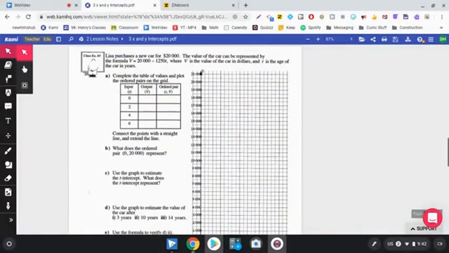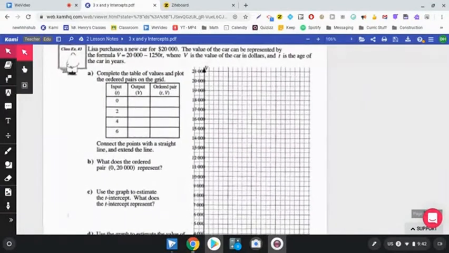So, what is it? Lisa purchases a new car for $20,000. The value of the car can be represented by the formula V for value equals 20,000 minus 1,250 T, where V is the value of the car in dollars and T is the age of the car in years.